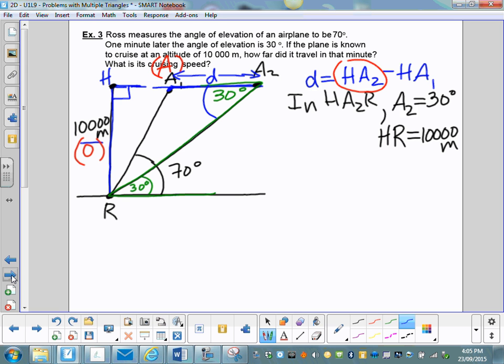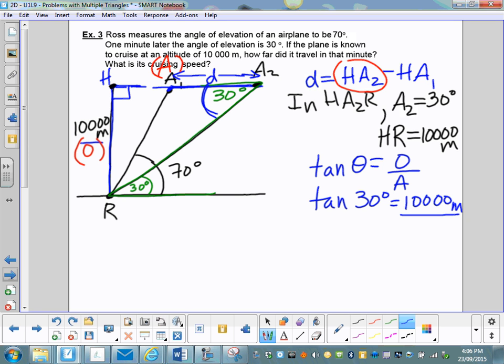So we're going to use tan in this case. So tan theta equals opposite over adjacent. In our case, the angle that we're using is the 30 degrees that's at the top here. The opposite side is the 10,000 meters, and the adjacent side is the side that we're trying to find, and that is the HA2.